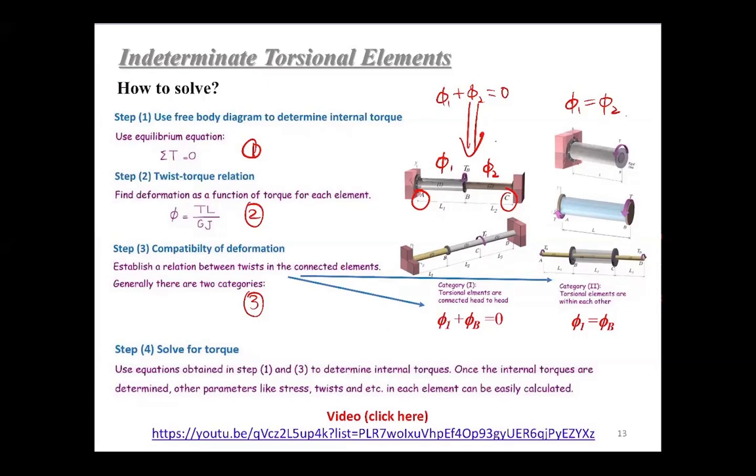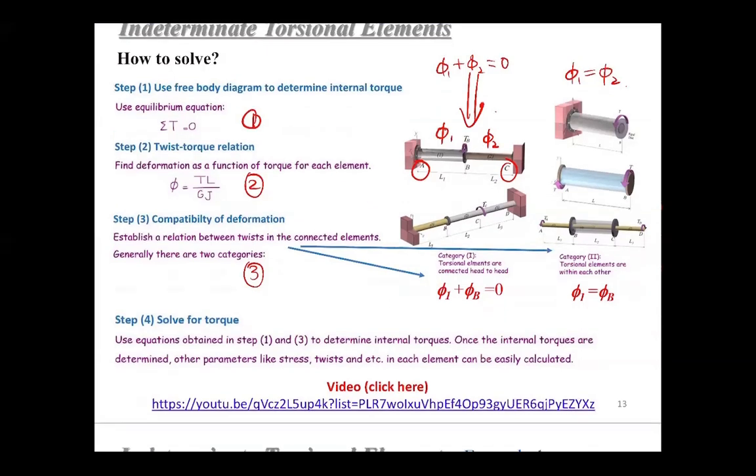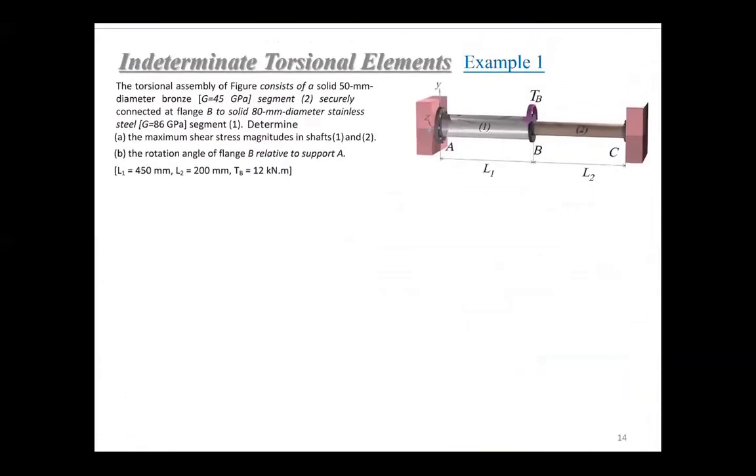These are the 2 situations based on which you can get different compatibility equations. We will analyze this in 2 examples. This will be even simpler than the axially loaded elements, since we very likely will not induce any gaps in the systems, and it will not have proportional things like similar triangles.